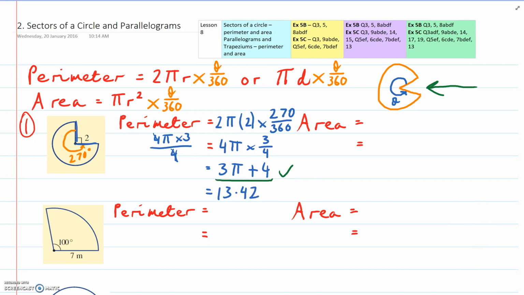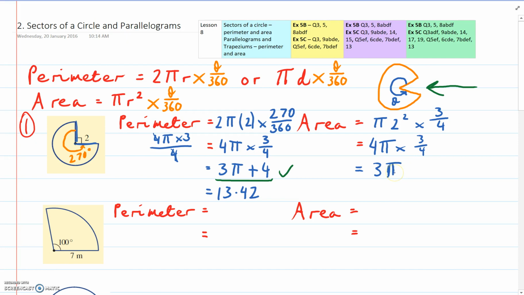Let's quickly go through the same thing for area. So pi 2 squared times, I'm just going to start with 3/4 because we know that that's the amount of circle that we have. So that's the same as 4 pi times 3 over 4. And like we said, that's the same as 3 pi.